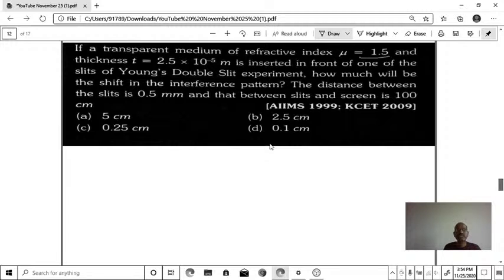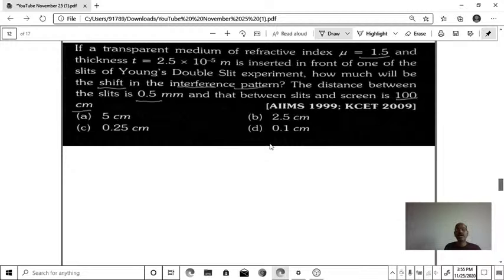How much will be the shift in the interference pattern on the screen? The distance between the slits, small d, is 0.5 mm, and the distance between the slits and screen, capital D, is 100 centimeter. So the question is the lateral shift.